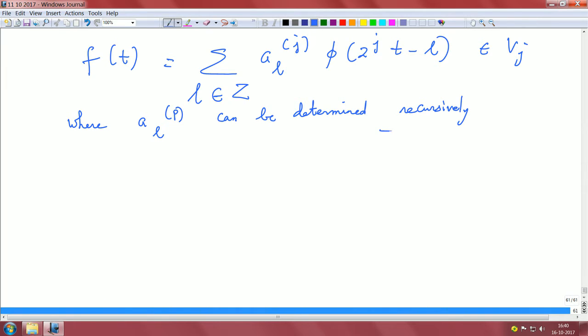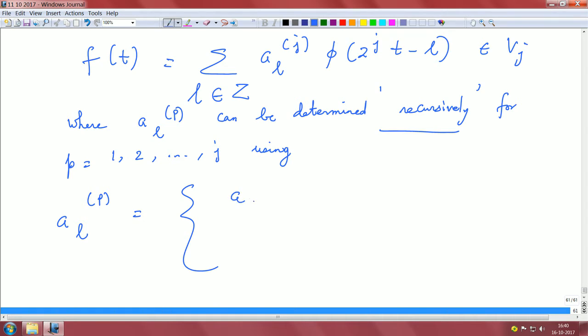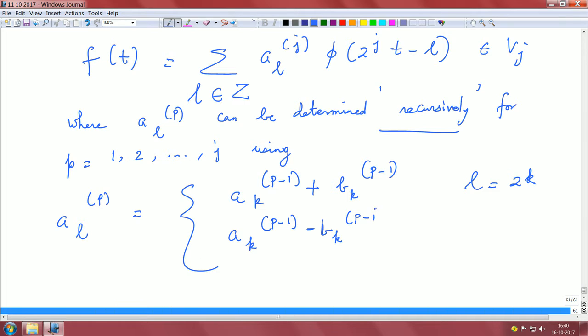recursively. This is very important because we are linking one scale to another scale for p equals 1, 2, so on till j using the recursion AL of p equals a sub k p minus 1 plus b sub k p minus 1 for L equals 2k and a sub k p minus 1 minus b sub k p minus 1 for L odd, which is 2k plus 1 form.